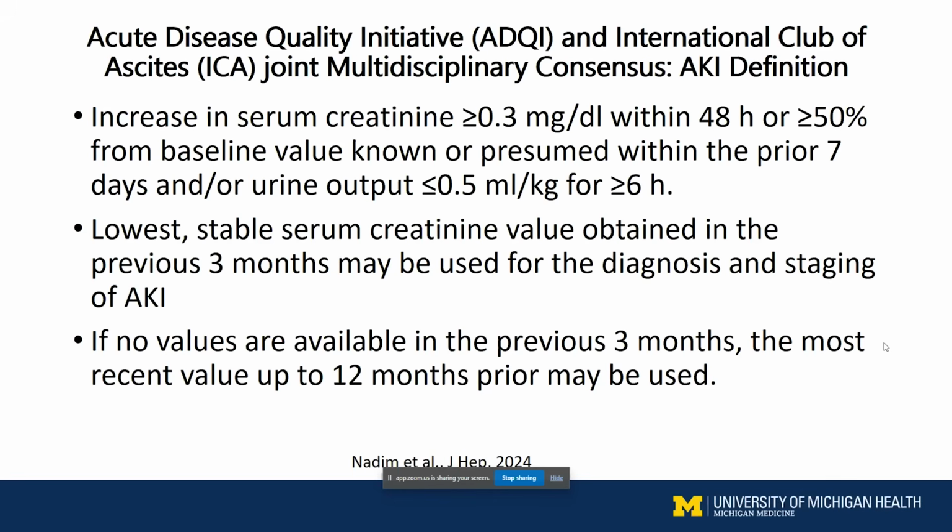Mainly an increase in serum creatinine greater than 0.3 mg/dL within 48 hours, or greater than 50% from baseline value known or presumed within the prior 7 days, and/or urine output less than 0.5 mL/kg for greater than 6 hours. The lowest stable serum creatinine value obtained in the previous 3 months may be used for diagnosis and staging, and if there is no value available in the previous 3 months, the most recent value up to 12 months prior may be used.